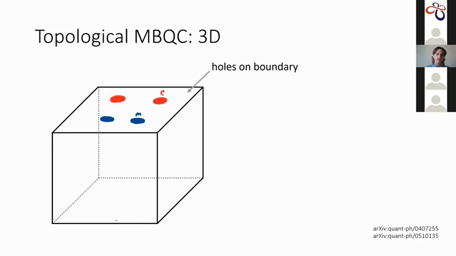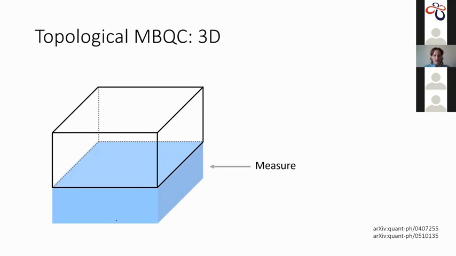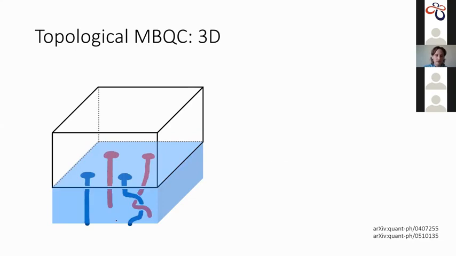Okay, and you can also make holes in the boundary by picking a different boundary condition, and then you can simulate this hole-based topological quantum computation by measuring. If you measure in the right basis to introduce some holes and braid them, you'll be implementing the corresponding topological quantum computation between the initial surface state and the final surface state.